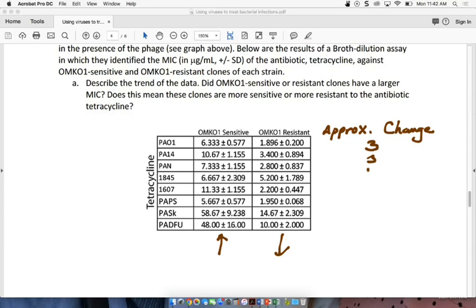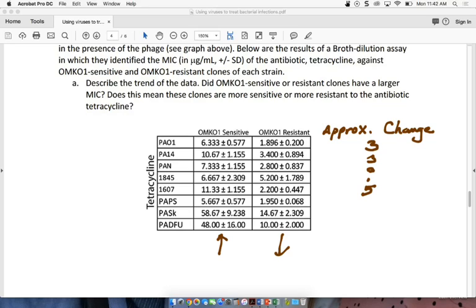Roughly 3 to 5-fold difference. In other words, it's taking 3 to 5 times more antibiotic to kill those OMKO1 sensitive, phage-sensitive strains versus those that are phage resistant.